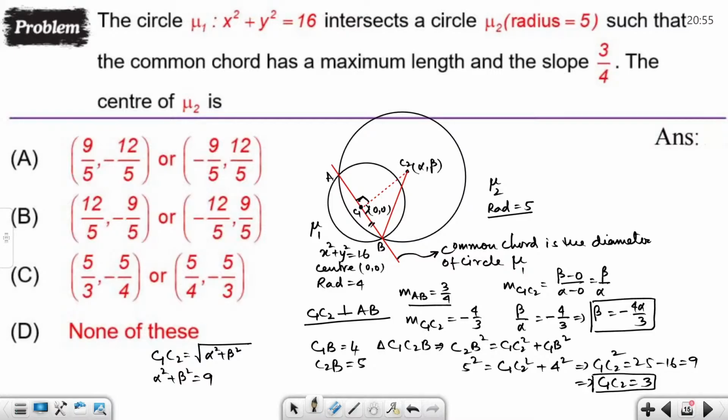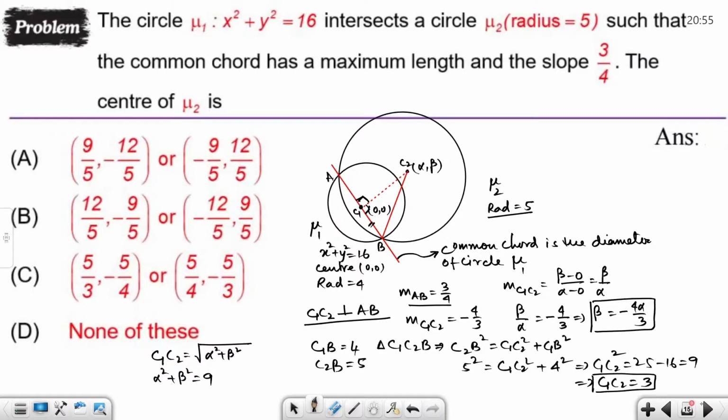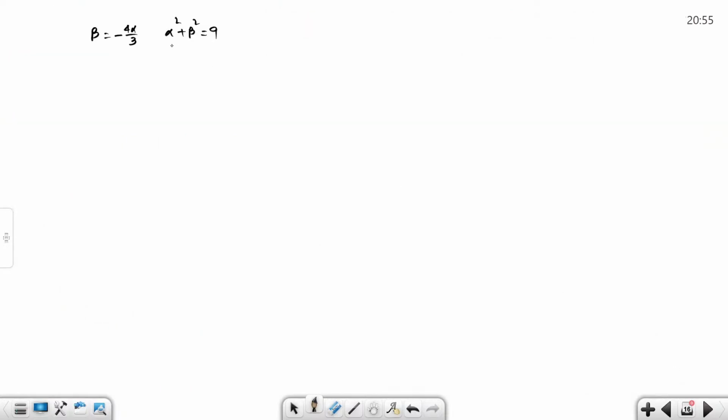Let me take it on the other page. Your beta is minus 4 alpha by 3 and we got alpha square plus beta square is 9. Right? So now we have to solve for alpha and beta. Naturally we have to solve these two equations. So let me just replace beta by minus 4 alpha by 3.